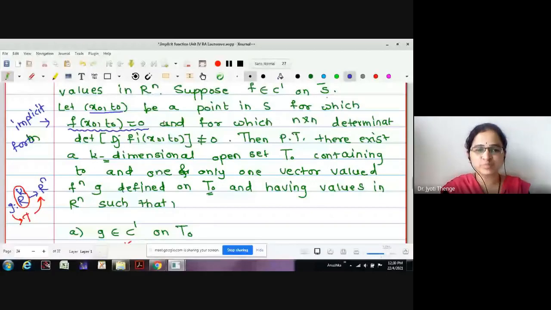At this point, there are in all n+k variables, and we are going to discuss whether some of the variables can be written in terms of the remaining variables.